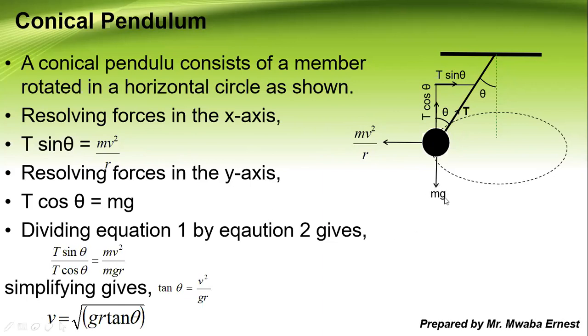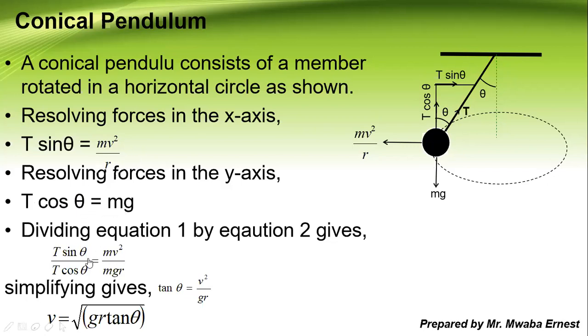In the y-axis, we have this and this one, where T cos theta is equal to mg, meaning summation of upwards forces should be equal to the summation of downwards forces. So that's how come you have your equation number 2 right here. Standing alone like this, they may not make much sense, but we'll make use of them later.